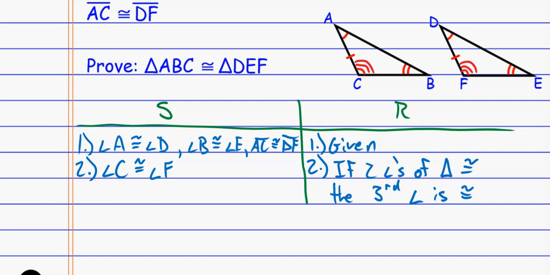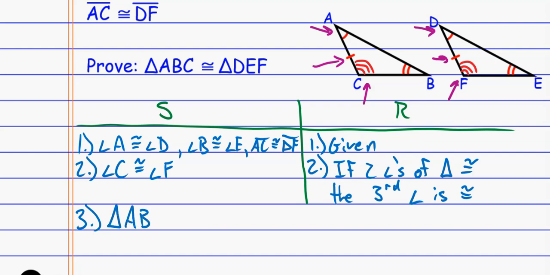So now look at what I have. Now that I have that third angle, I have one of the other methods for proving triangles are congruent that we've already talked about. I have two angles with the side that's in between. Look at this. This angle, and the side in between. This angle, and the side that's in between. Okay? And so I can prove that the two triangles are congruent.